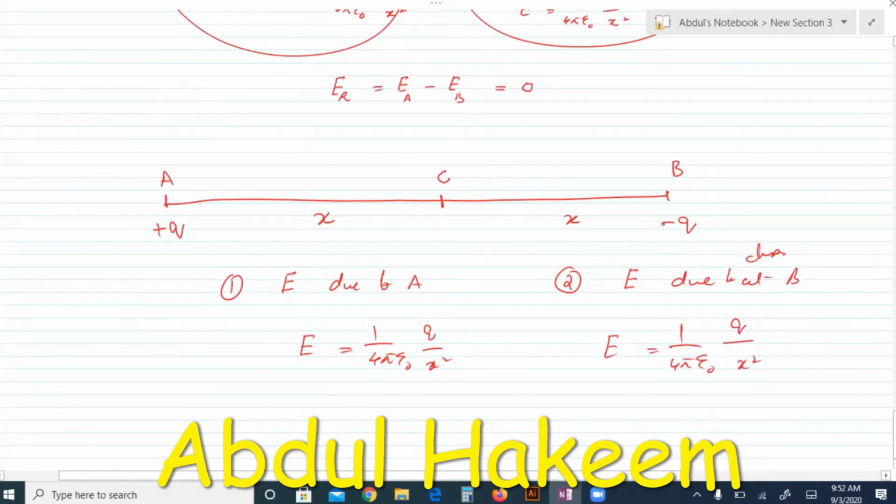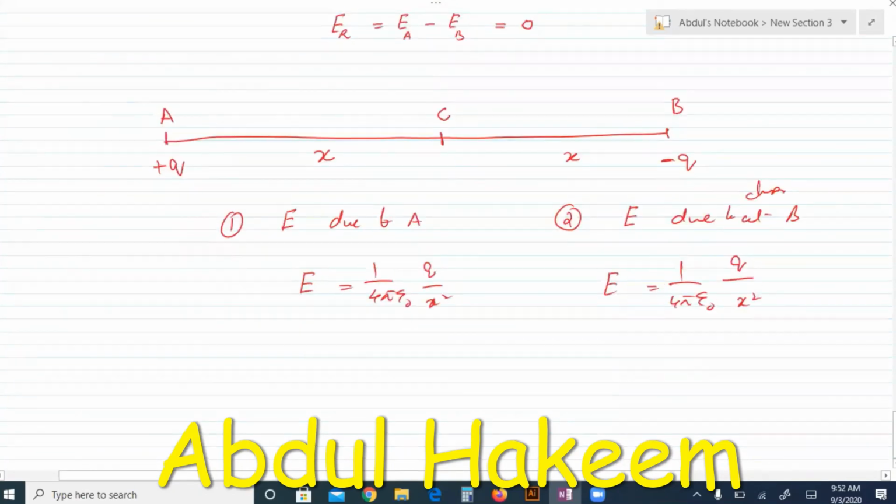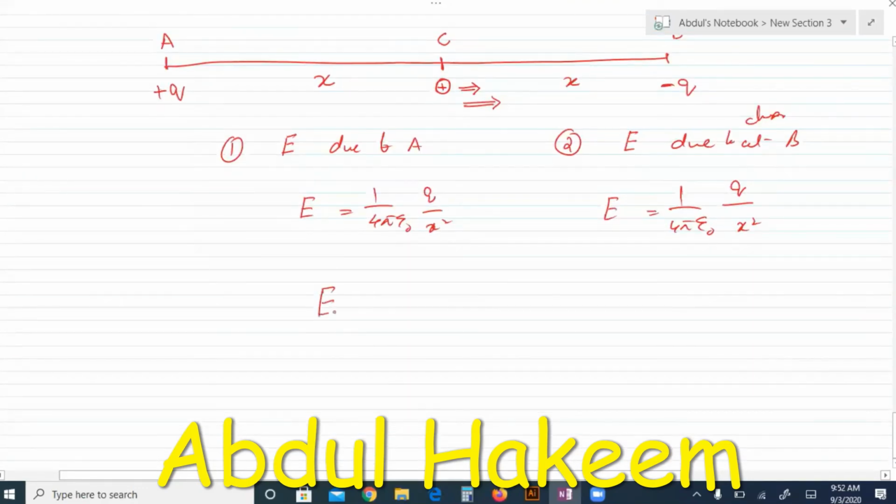This is the polarity, so we will write Q. Now, for the resultant electric field strength, again, we will place the test charge at C. This positive charge will repel. This negative charge will attract. Both forces are in the same direction. So the resultant field strength is E due to A plus E due to B. So we will add them for the answer in Newton per Coulomb.